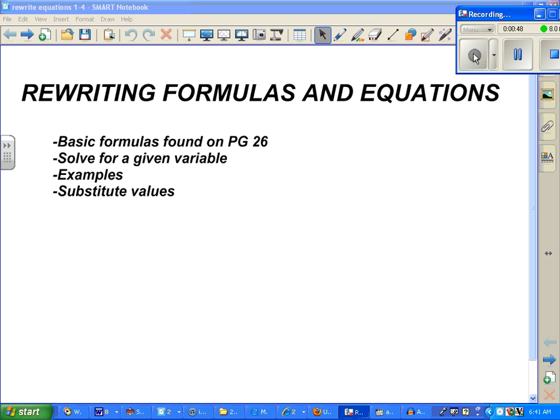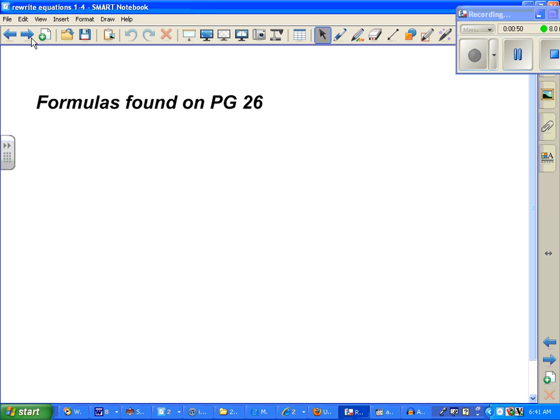So let's go ahead and take a look. You'll need your book for this one. Go to page 26, all those formulas found there. Distance equals rate times time. Okay, temperature converting from Fahrenheit to Celsius or Celsius to Fahrenheit.